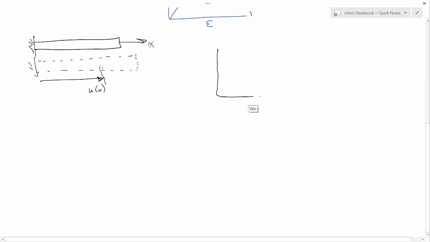If I were to give you a plot of U of x as a function of x, let's say I pull on this bar and measure U at every single point along the bar and plot it as a function of x, and I get a straight line like that. I give you the slope of that line, and I also give you some point U0 at x0.